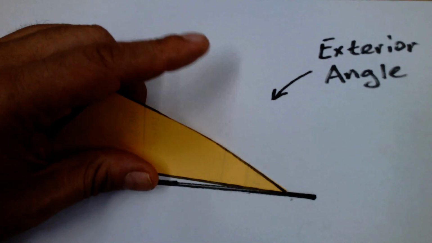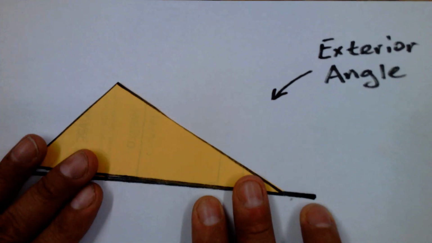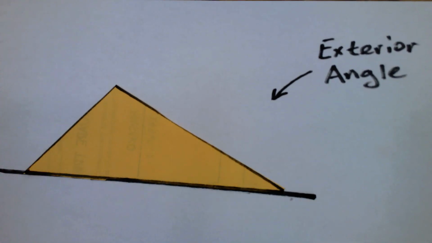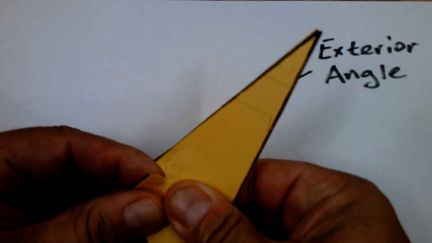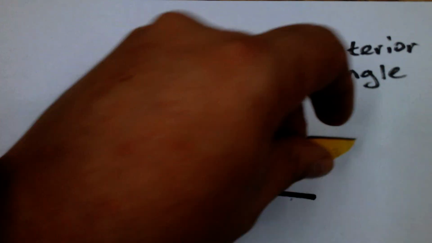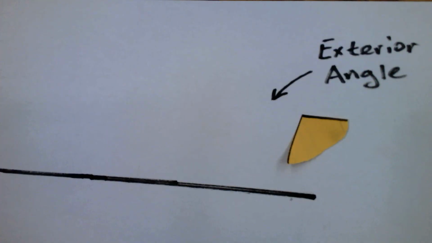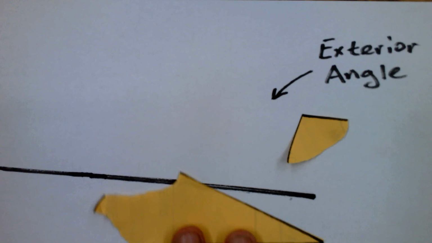So I'm going to go back to this setup, and here's what I want to do, kind of what I did before. I'm going to take these and deconstruct. There's one. There's the other.